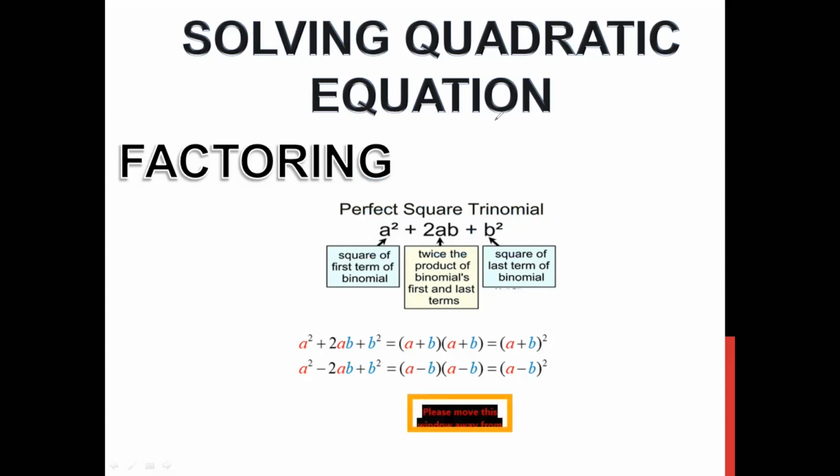In rewriting this, we only need to check the sign of our equation. If it is positive, then our factored equation should be positive. If our equation is negative, then our factored equation is also negative. No need to worry, guys, because perfect square trinomial is very easy, you only need to check the equation.